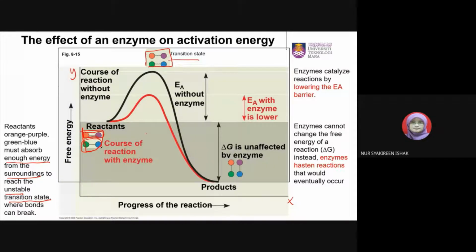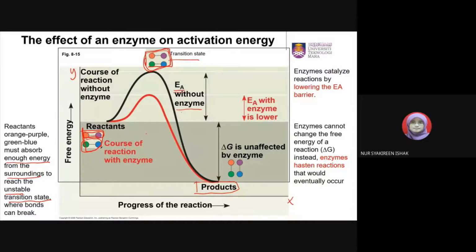So in order for the reactants to reach this transition state, they must absorb as much energy as possible before being turned into product. As you can see from the graph, the black graph here shows you the rate of reaction without enzyme.